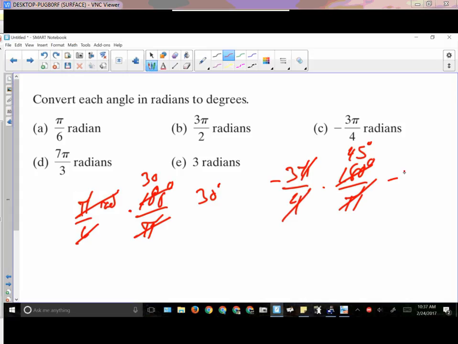So this would be negative 135 degrees. Again, the negative can be more or less implied as a direction. Are you going clockwise or are you going counterclockwise? So in this case, when you got the negative on there, this implies that you are going clockwise. Otherwise, all of this stuff is operated in counterclockwise fashion.